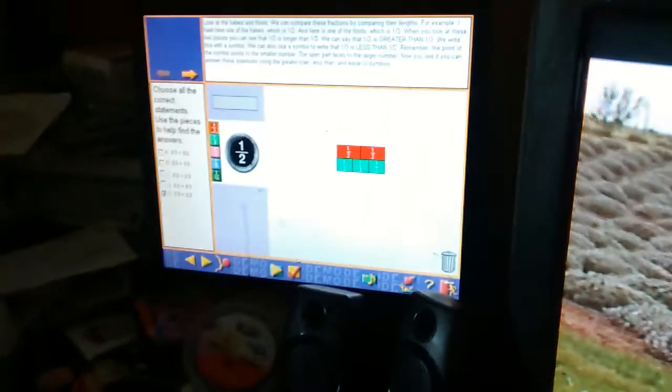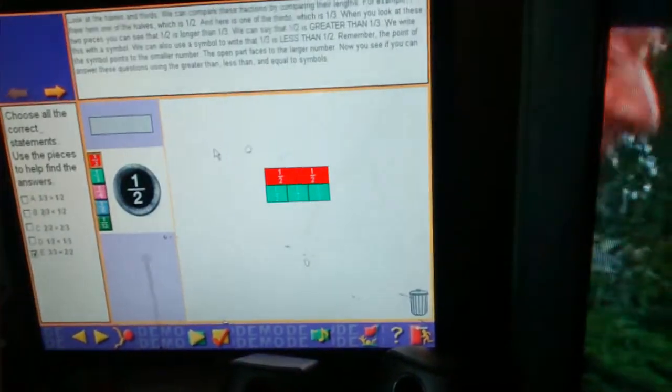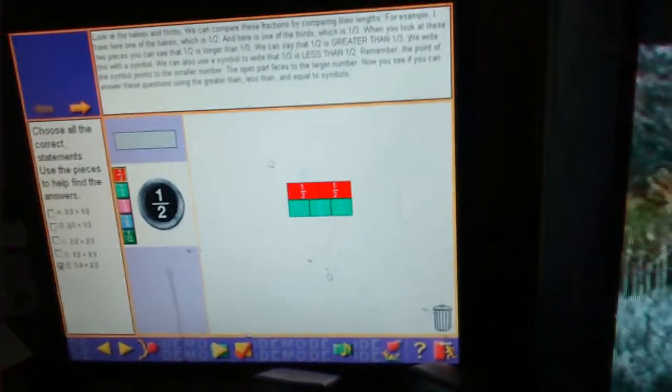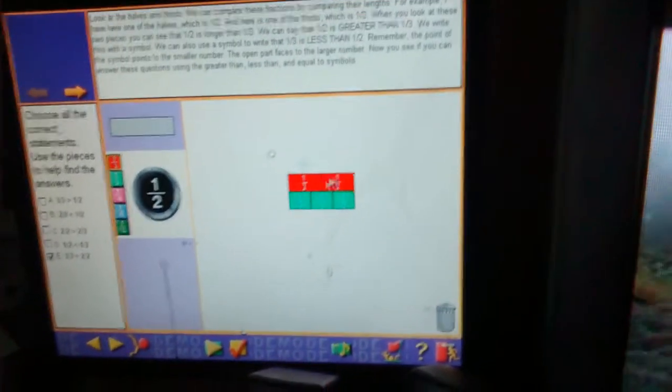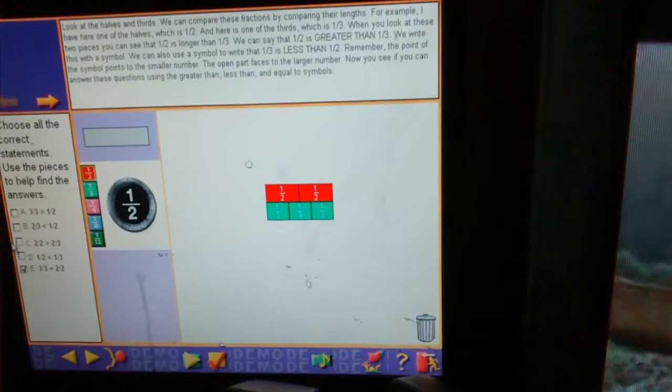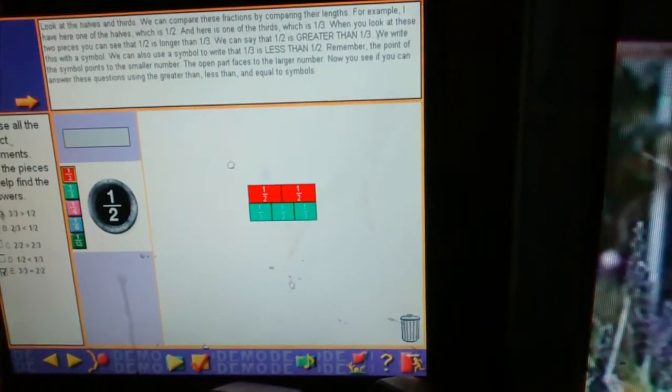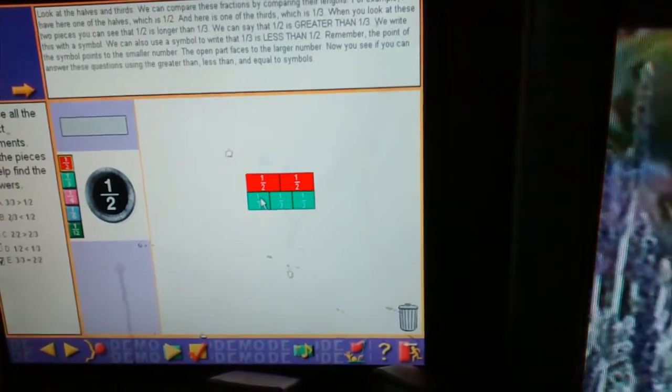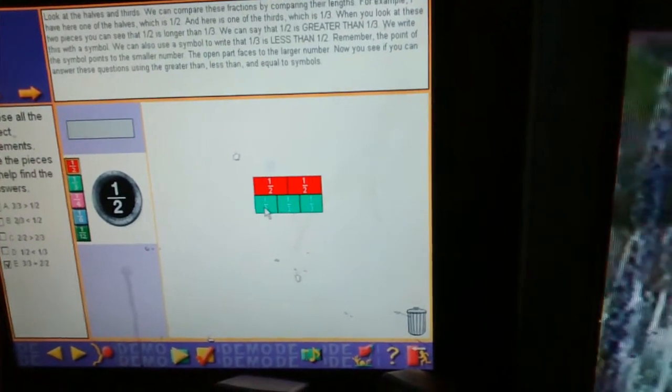That's not right. I think it's about 3 or 4 of them that are right. So 3/3 is greater than 1/2.